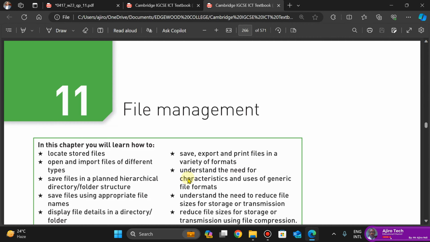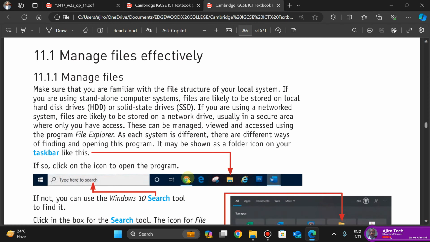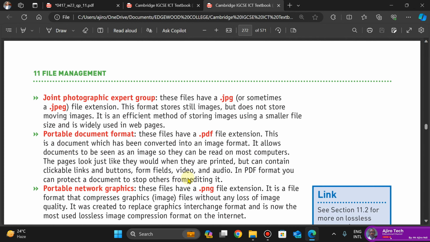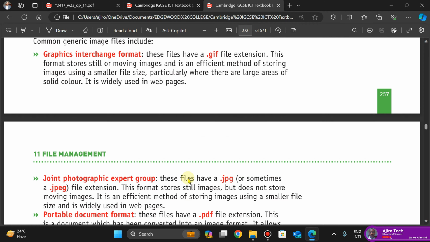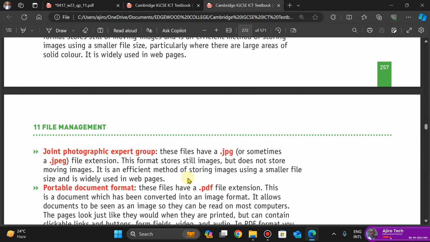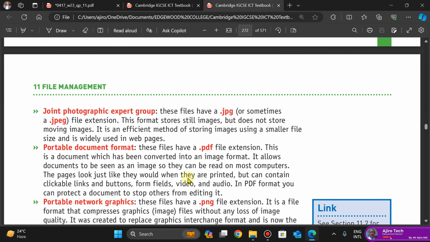Now under file management, I want to show you the types of it. Yes, PDF. Look at it. PDF is a type of generic image file. Now what is PDF? This is a document that will be converted into an image format. It allows a document to be seen as an image so that it can be read on most computers.